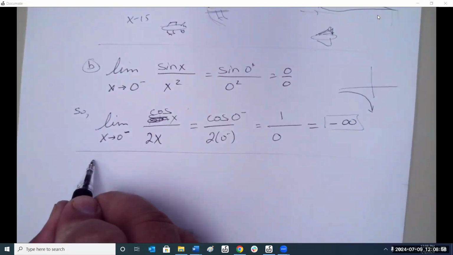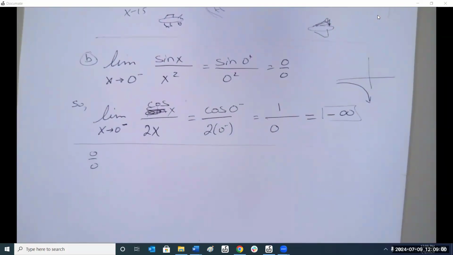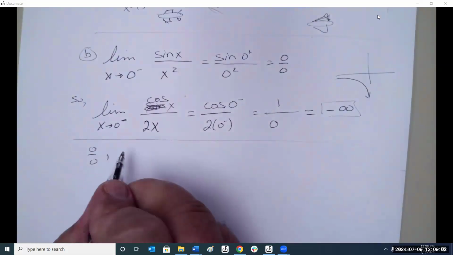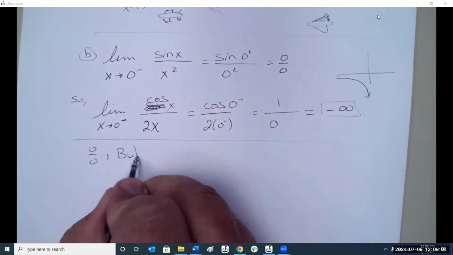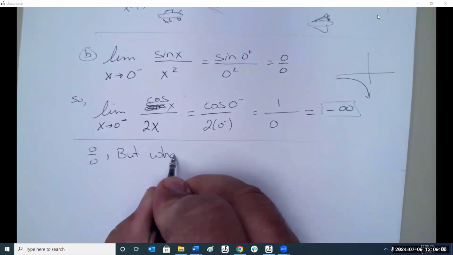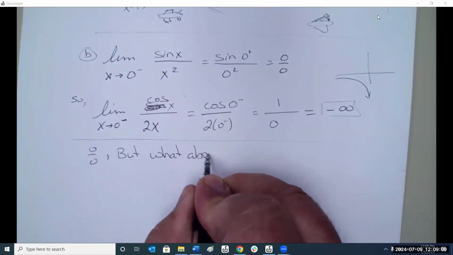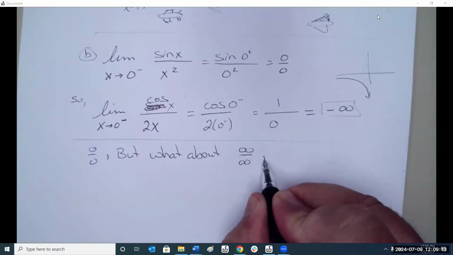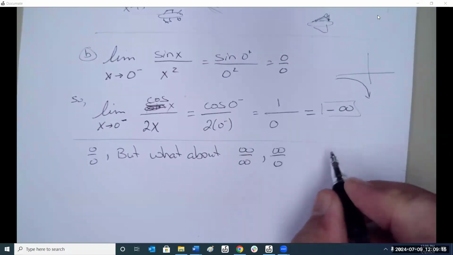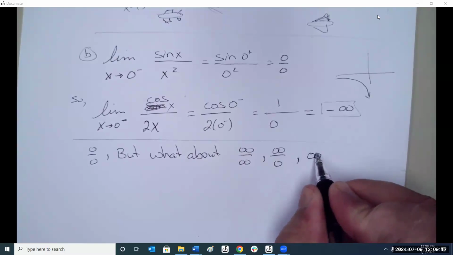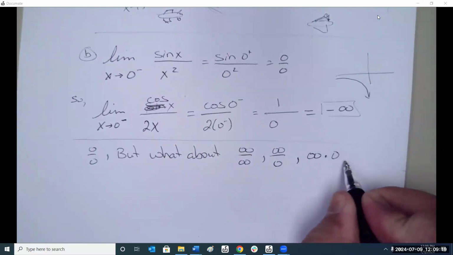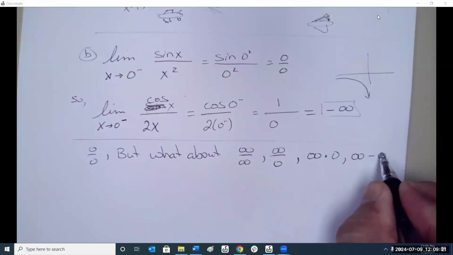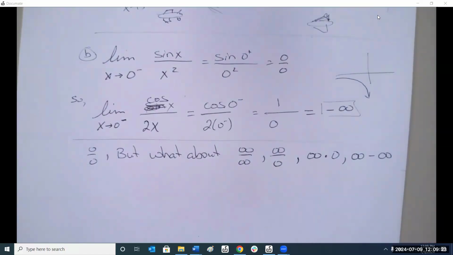So far we've looked at 0 over 0. But what about infinity over infinity, infinity over 0, infinity times 0, or infinity minus infinity?